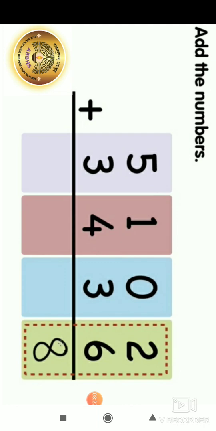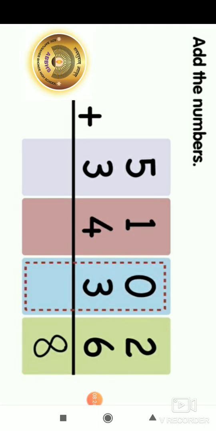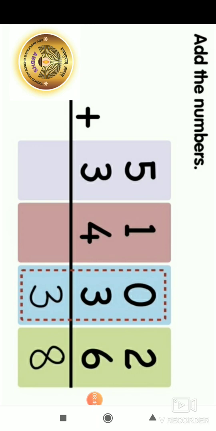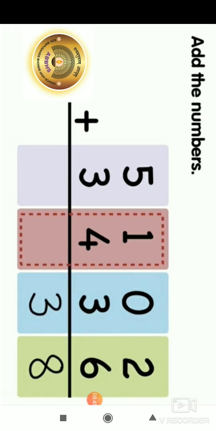Now add the tens place. The tens place digits are 0 plus 3. And you know the rule, when we add 0, the answer will be the number itself. So 0 plus 3 is equal to 3. Now add the hundreds place.